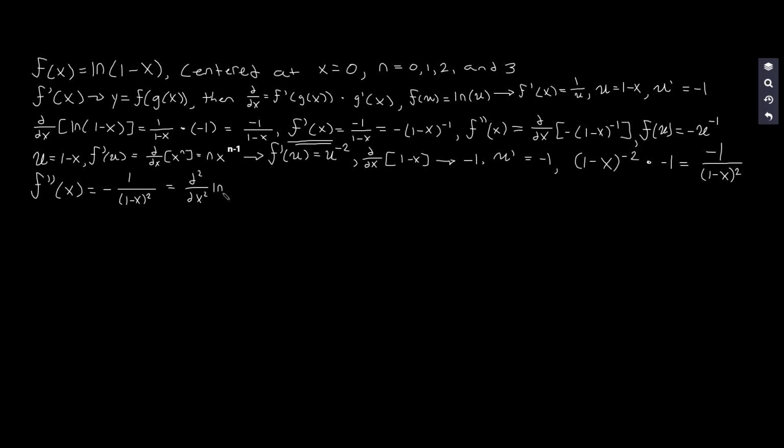This could be written like this: d squared over dx squared of 1 minus x equals negative 1 over 1 minus x, right? Or, oh yeah, squared. Yeah, to get rid of that negative exponent. Or if we want, negative 1 minus x raised to the negative second power.